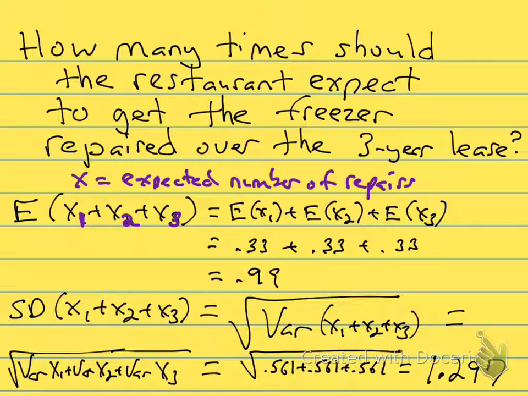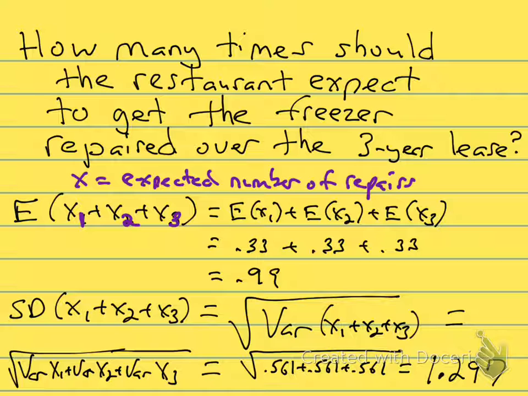The next question asks, how many times should the restaurant expect to get the freezer repaired over the 3-year lease? So now we're talking about over 3 years, and we're going to assume that each year is independent of each other. So we're going to have the first year, then the second year, and then the third year.